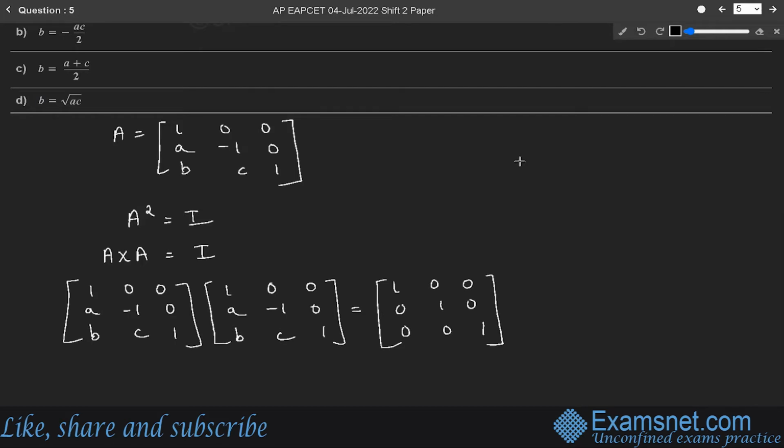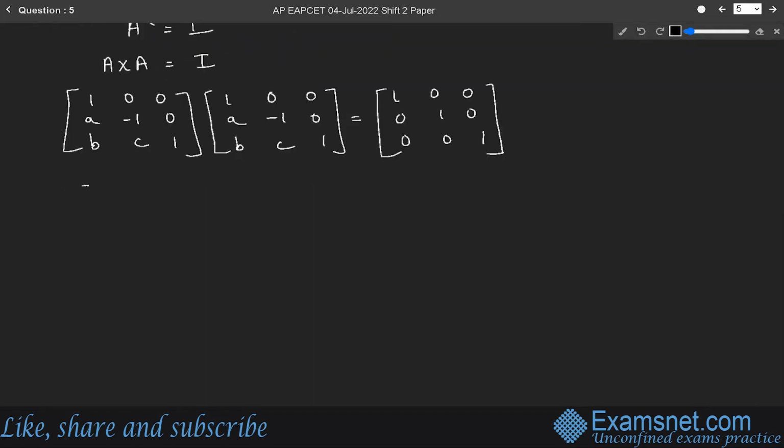Now, on further multiplying the left hand side, we will get 1, 0, 0. A minus A will also be 0, 1, 0, and the third row will be b plus ac plus b, 0, and 1. This is equal to the identity matrix.